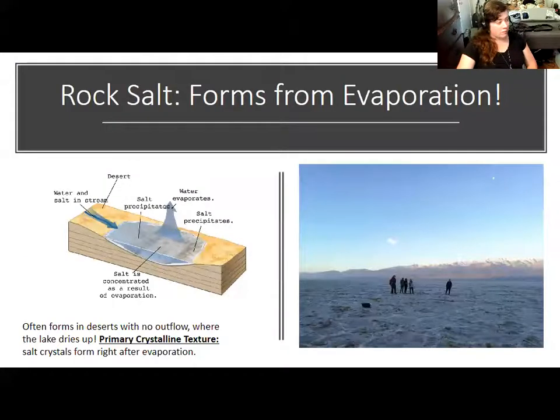And then we have rock salt. Rock salt is one example of a chemical sedimentary rock that forms without biologic input. It'll often form in deserts where you have water flowing into a basin, and then there's no outflow from that basin, like Death Valley, the lowest point in the Western Hemisphere, where you have water flowing into Badwater Basin, and then the water doesn't really have much of a way to flow out, and there's also so little rainfall that it just tends to dry up before it goes anywhere, and that leaves behind dissolved rock salt along with other stuff.